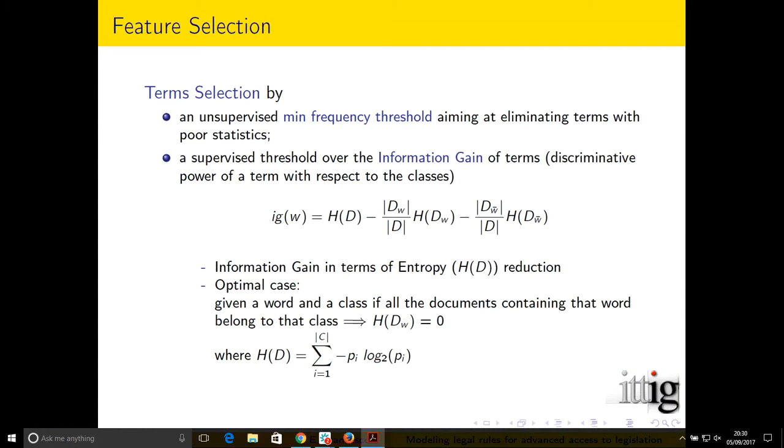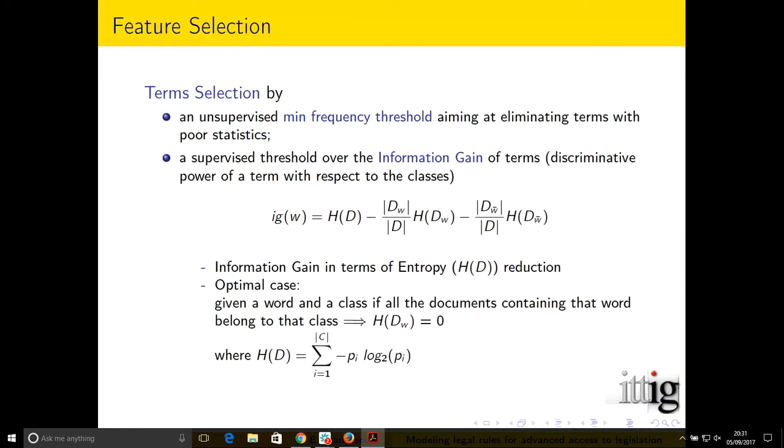So it means that the entropy of your data set is very limited, is very low. So it means that the entropy associated to a term is low, and the information gain of the term is very high. So the discriminative power is very high.